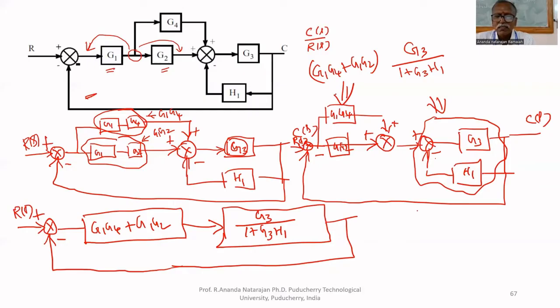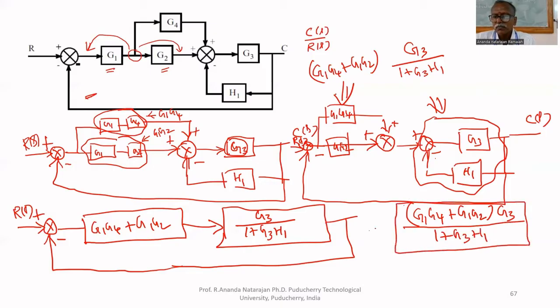What we will get is G1 G4 plus G1 G2 multiplied by G3 upon 1 plus G3 H1. This is in the numerator. Forward path. R of S and this is C of S.